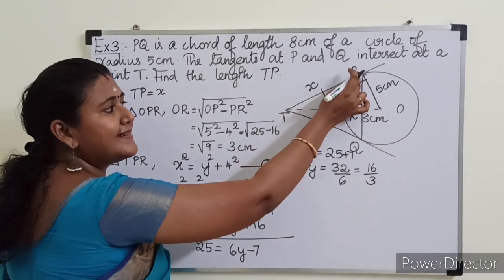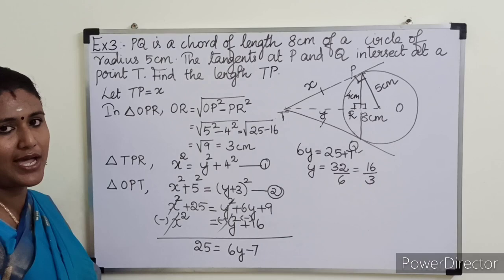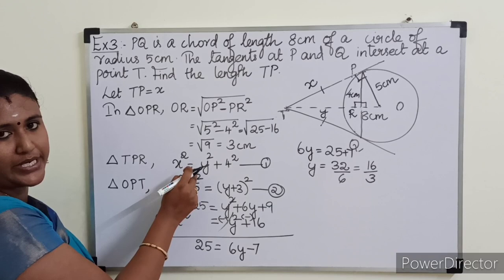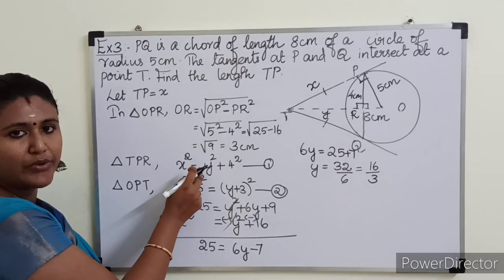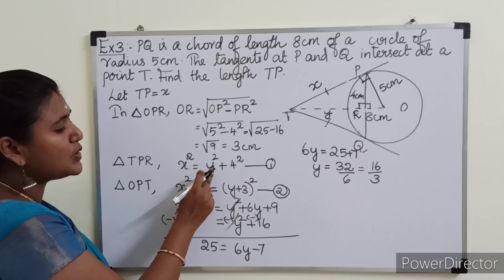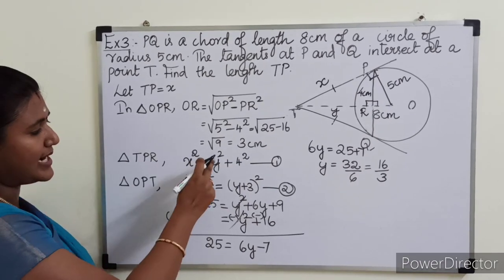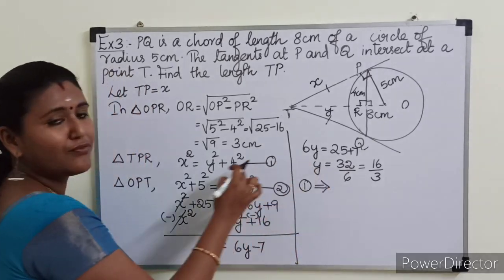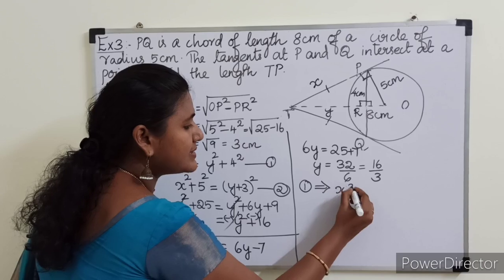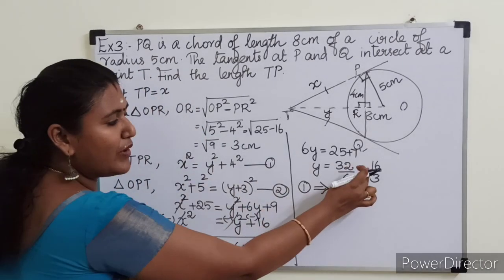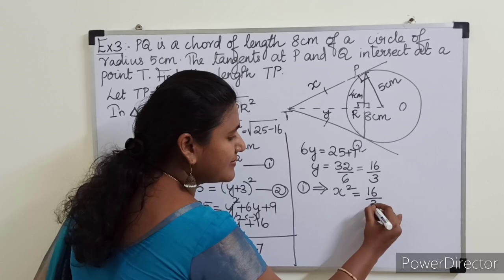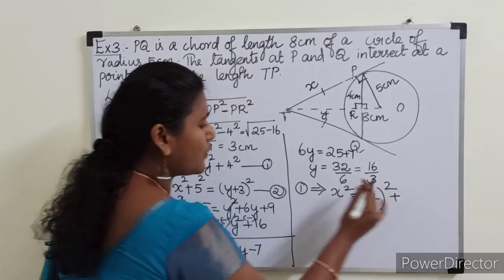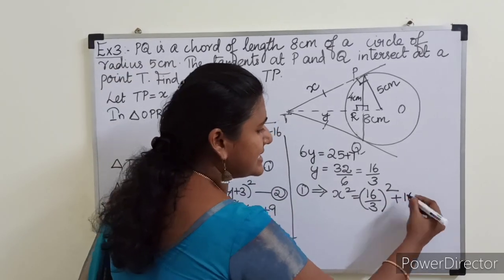Actually we have to find the length of the tangent, that is the x value. So we substitute this y value in the first equation, x square is equal to y square plus 4 square. In the place of y, we substitute 16 by 3, so 16 by 3 the whole square plus 4 square. We write 4 square as 16.